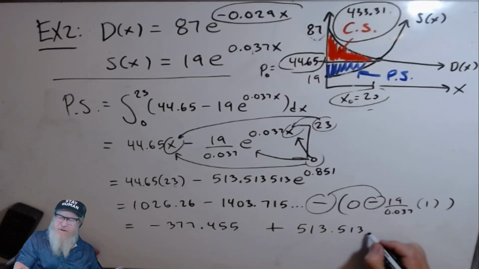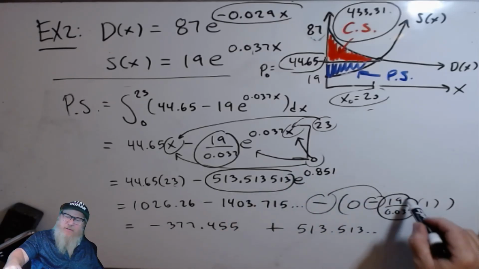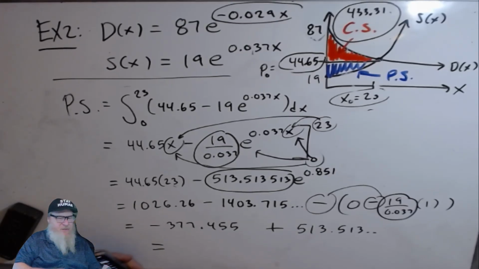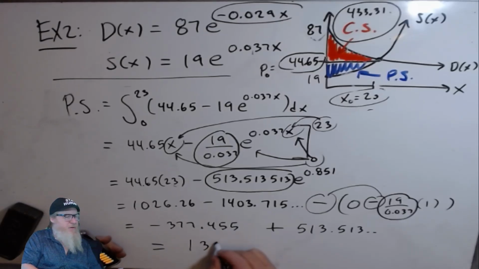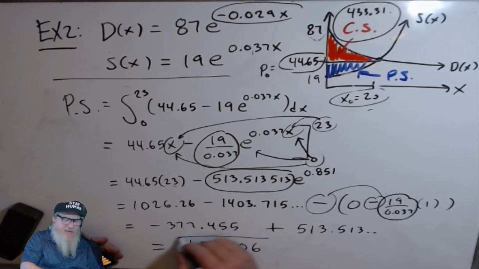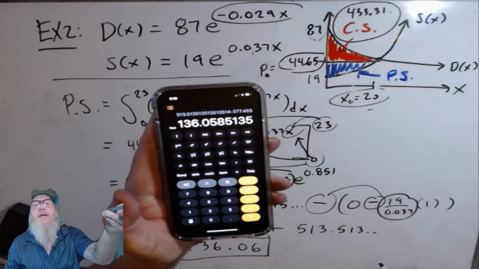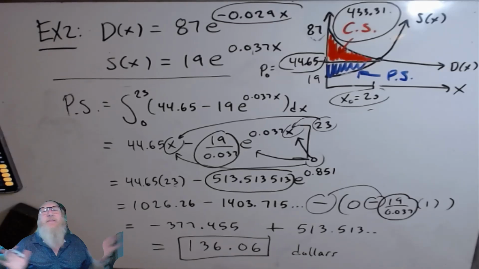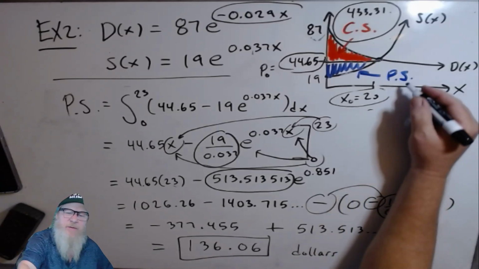There's that 513, 513, which kind of makes sense. It's the same value that it was right here. So you can go, oh, I've already done that value. And so my final answer, 455.136.06, if I've done the math right. It didn't specify that this was thousands of dollars or millions of dollars or tens of thousands of dollars. So that's our PS right there.